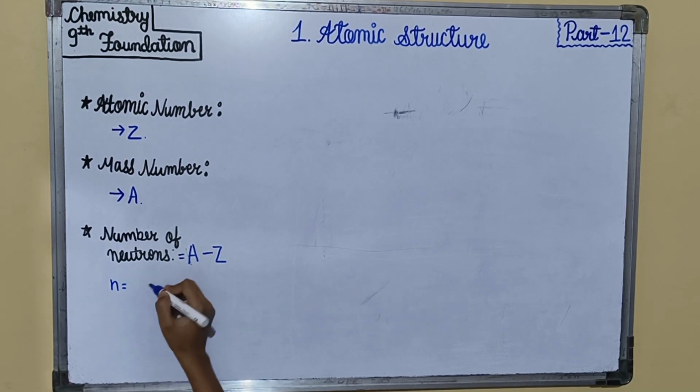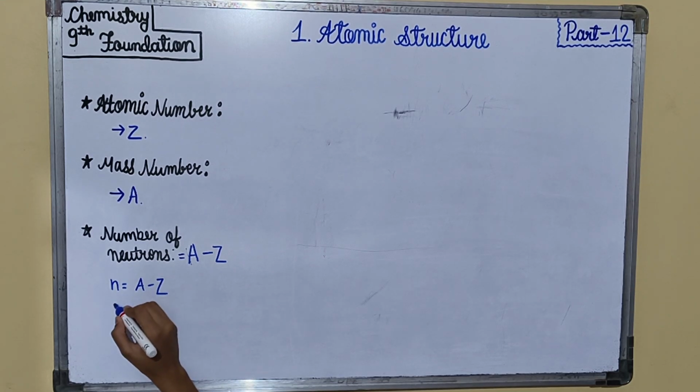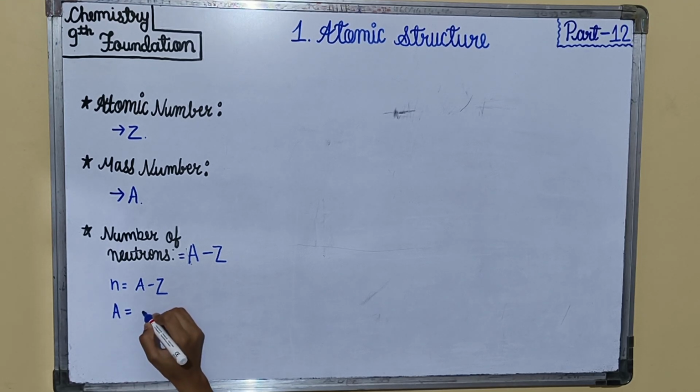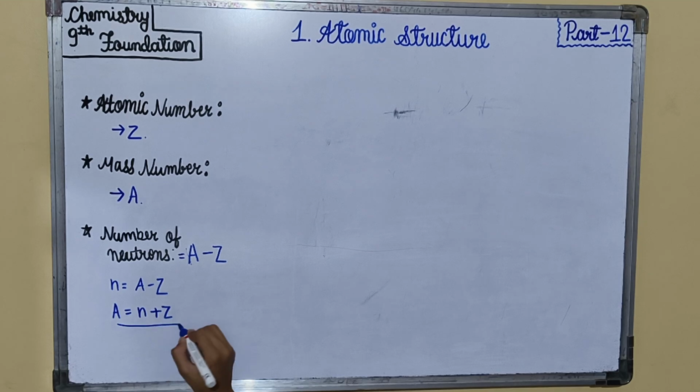So the number of neutrons is equal to mass number minus atomic number, and mass number is equal to neutrons plus atomic number. Like this.